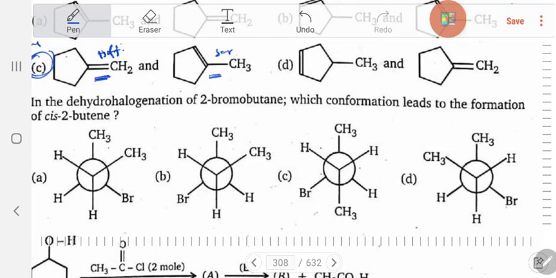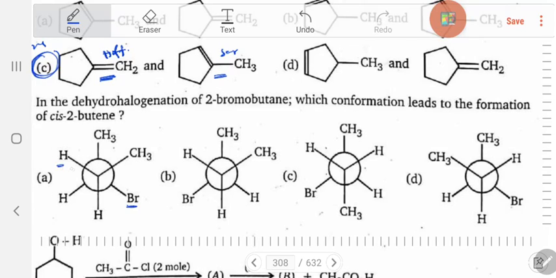Now here the anti-periplanar condition is satisfied in option A. So if a base removes this hydrogen, this bond will be shifted between the front carbon and the rear carbon. This dot is the front carbon and this circle is the rear carbon. So this bond will be shifted between the front carbon and rear carbon, and this Br is lost, right? Then the obtained product is, these two are on the same side, these two are on the same side. So you will get cis.